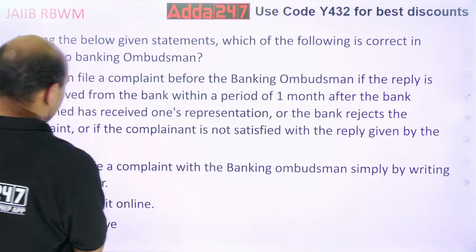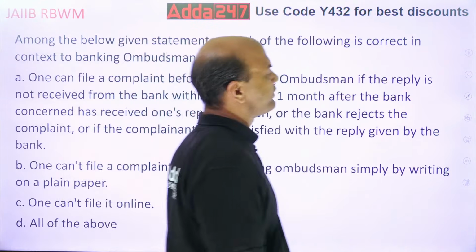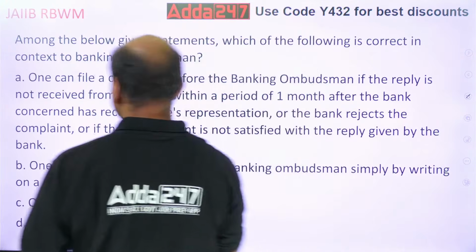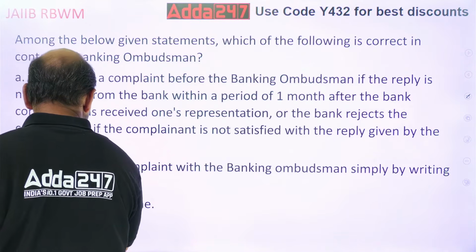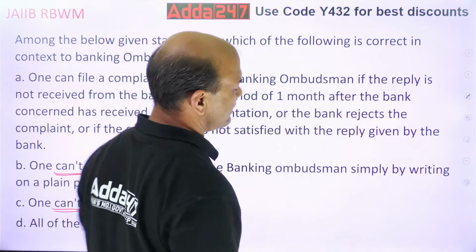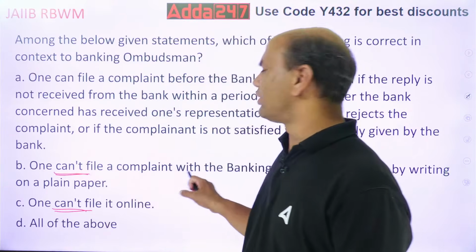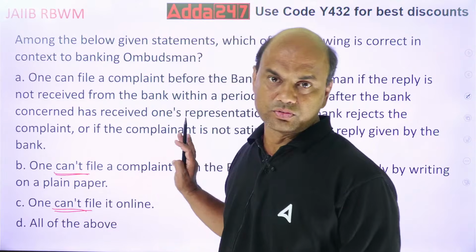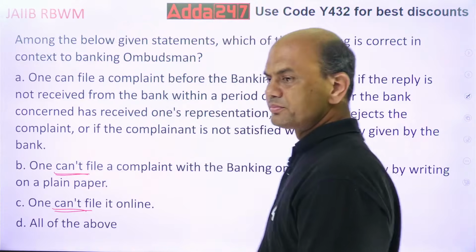Anyone can file a complaint. Kindly note, "can't" is the wrong word. One can file a complaint on a plain paper, and one can file it online also. So only A is correct.